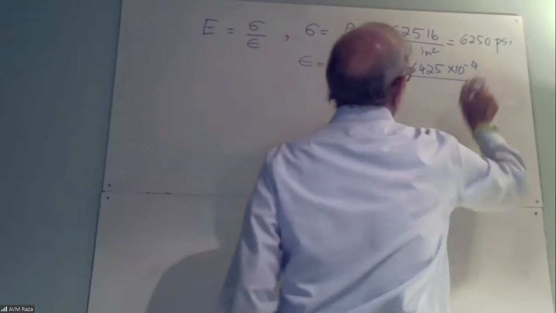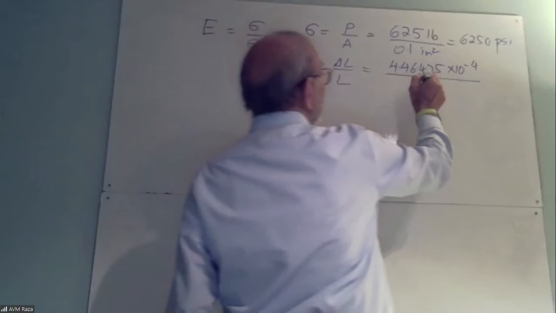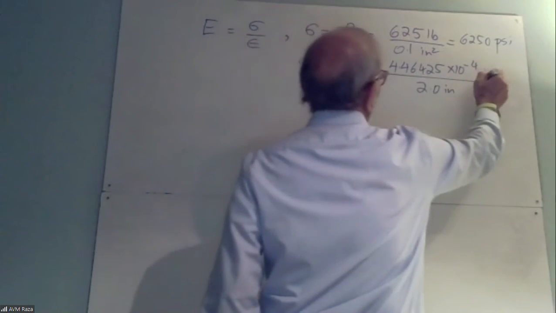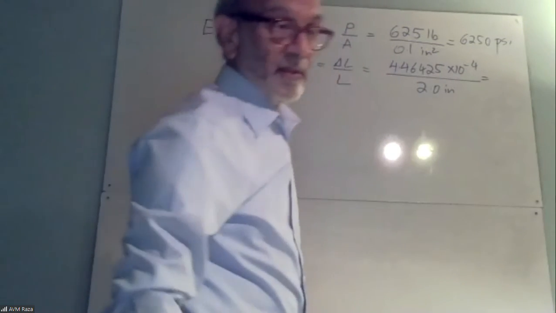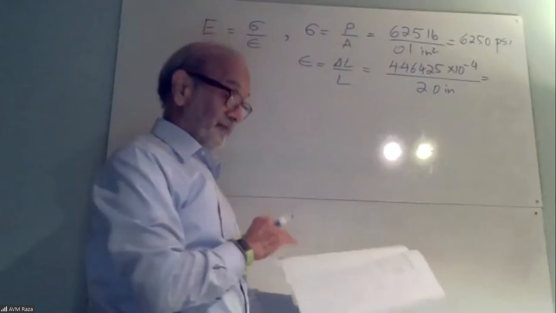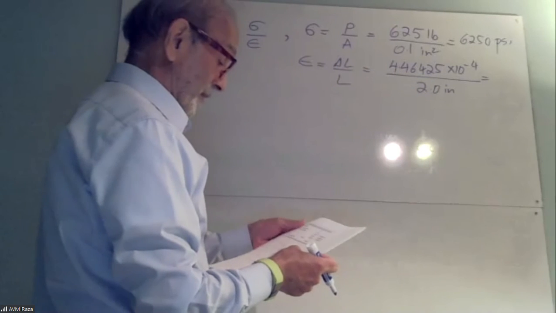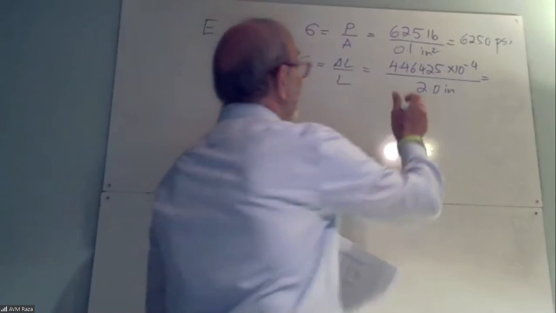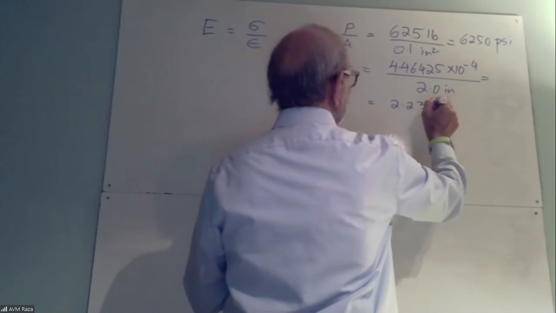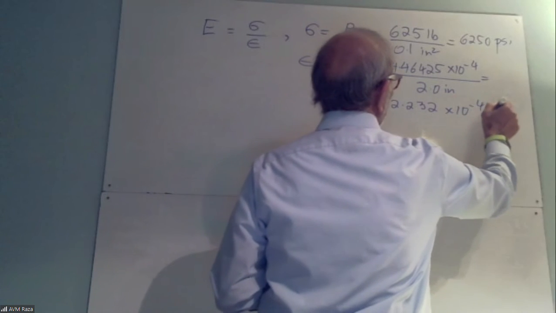And this is divided by the original length, which is 2 inches. And so epsilon ultimately comes out to, if you do the math there, 2.232 times 10 to the minus 4 inch per inch.